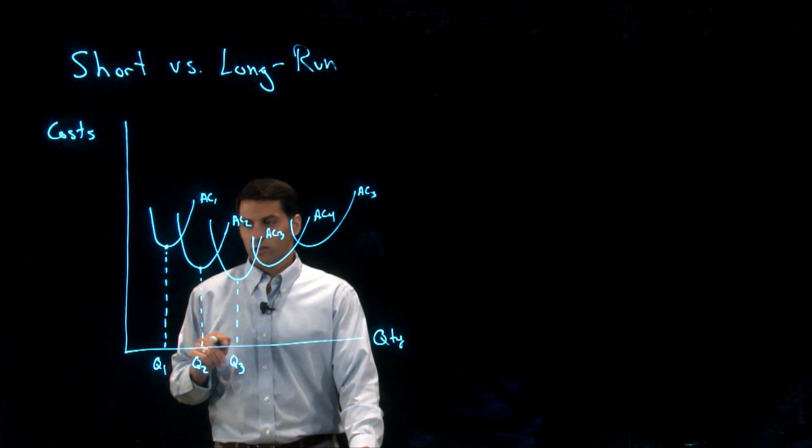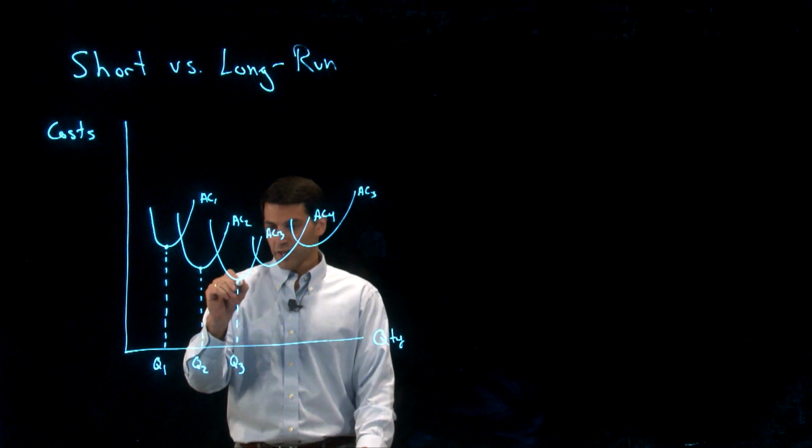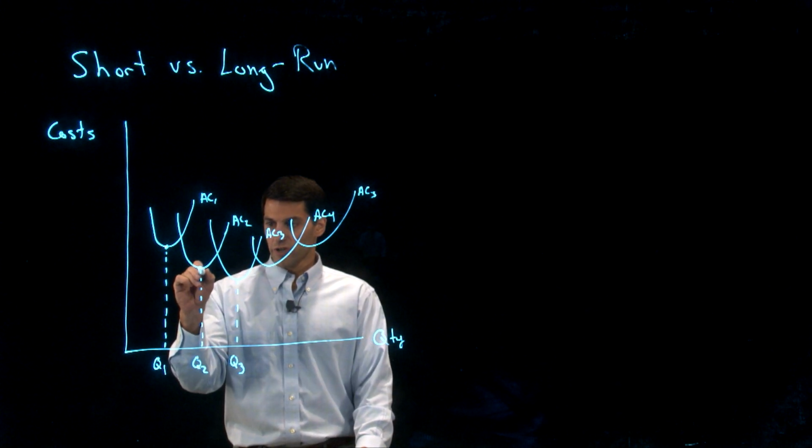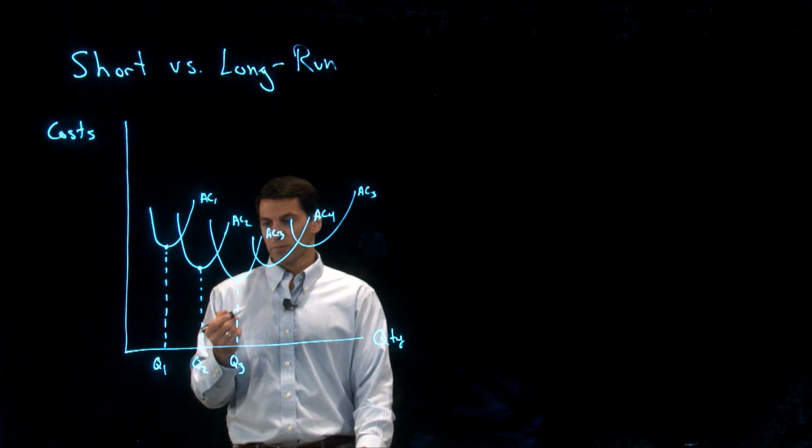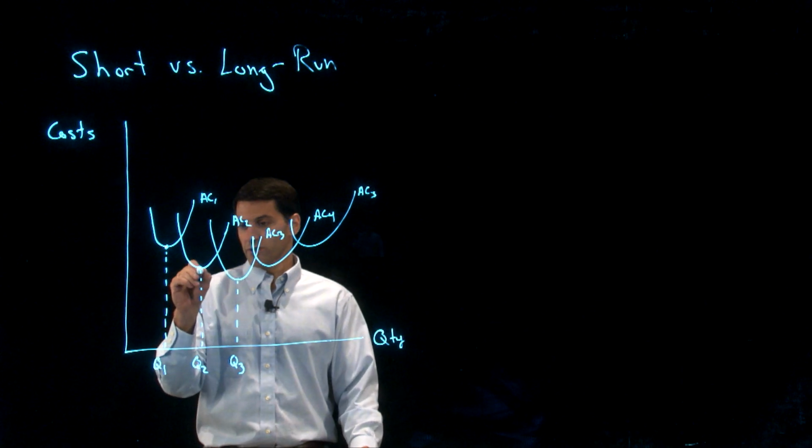In the long run, if you wanted to make, say, the quantity Q2, the question is, what is the optimal number of pizza ovens to use?